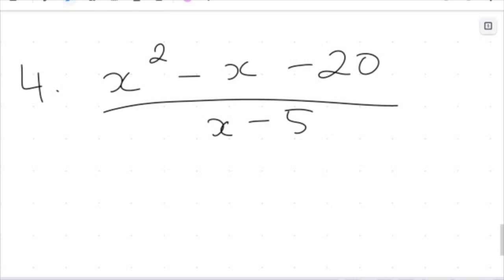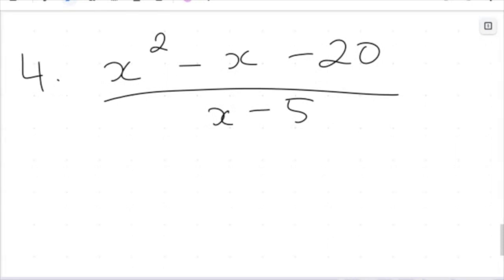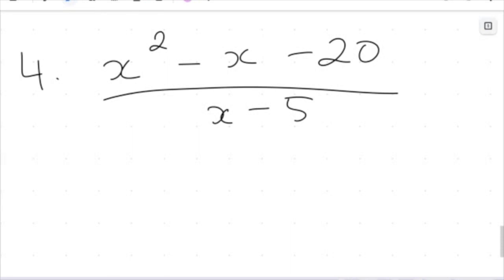Anytime we want to simplify some algebraic fractions, we want to get everything into a factorized form. Both expanded form and factorized form are useful for different things. In this case, for example, it is useful to factorize.